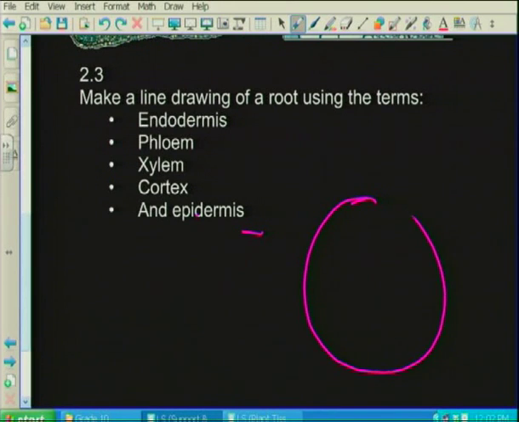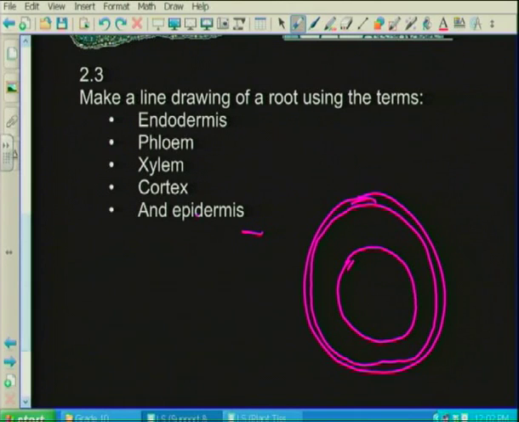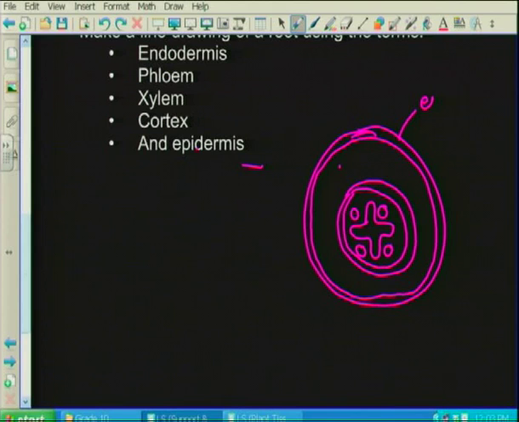epidermis, you'd have your endodermis, your xylem, that's in the form of a cross, and your phloem, and this is your cortex. Yes, so you have your epidermis, is here on the outside.